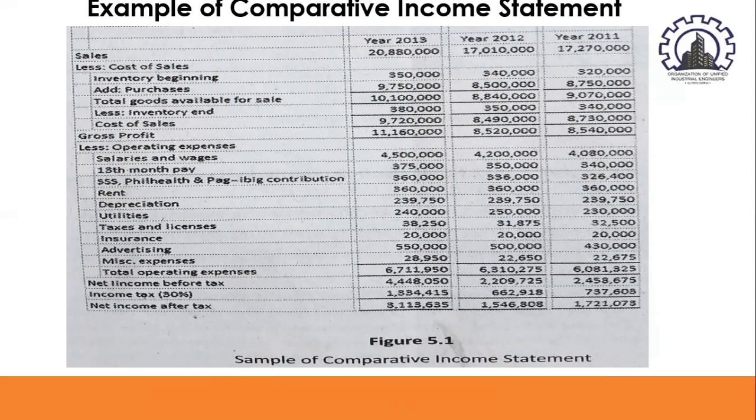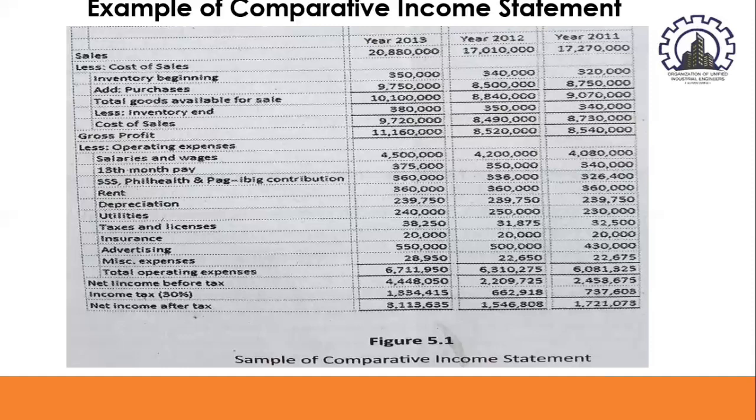In this case, we are comparing our income statements from years 2011, 2012, and 2013. As you can see in the net income portion, or the result of the business operation, it is apparent that the company is performing well in 2013, followed by 2011, then followed by 2012.